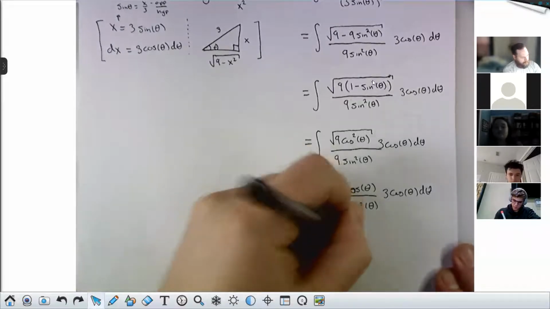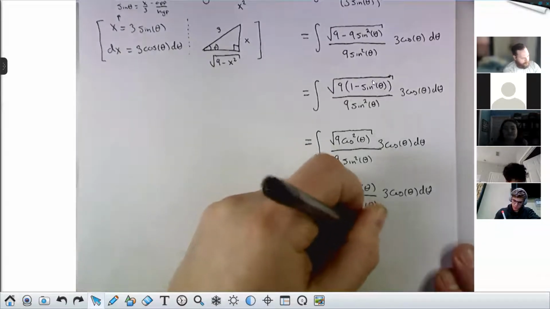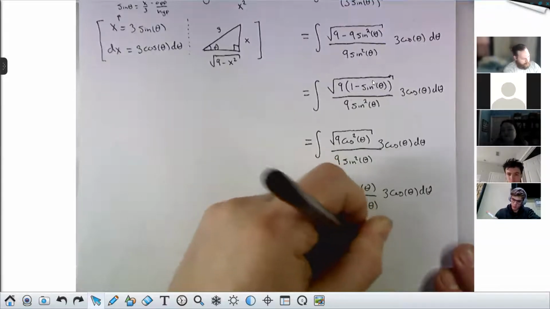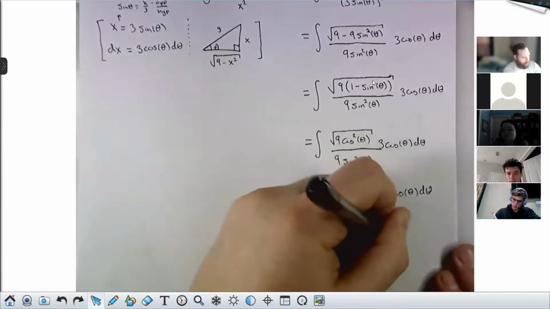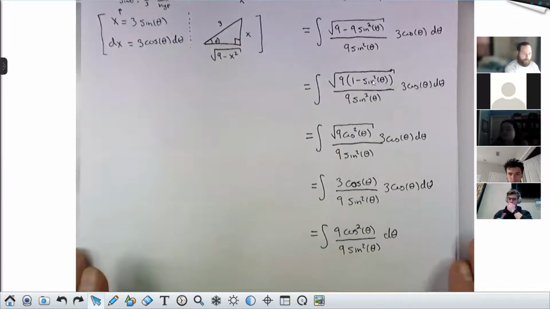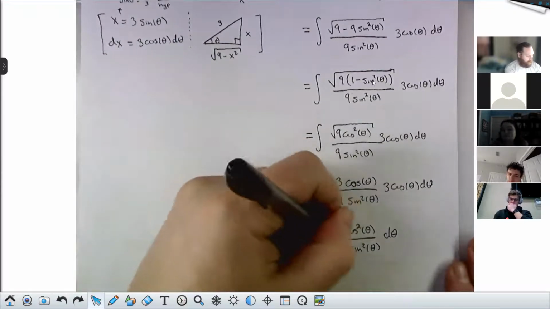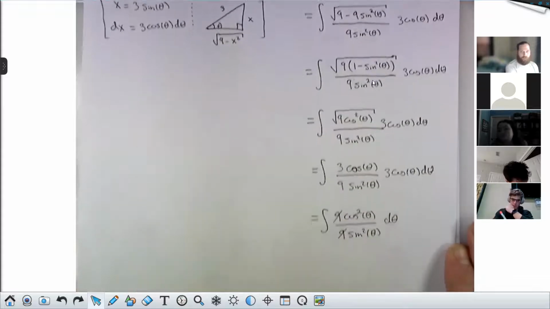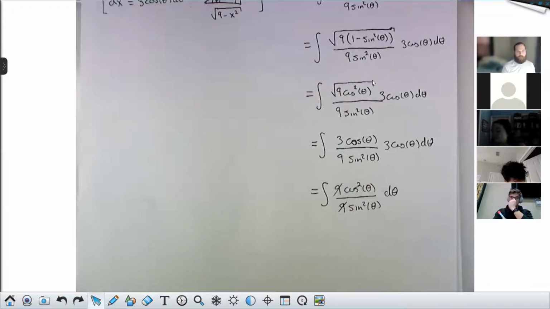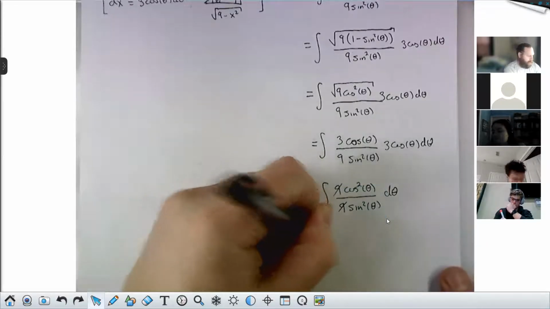So I have 9 cos squared theta divided by 9 sine squared theta d theta. The 9's cancel, and this is why I said don't pop constants out at the start. Wait until you've simplified things inside, then pop them out. And we're left with cos squared over sine squared, which is cotangent squared.